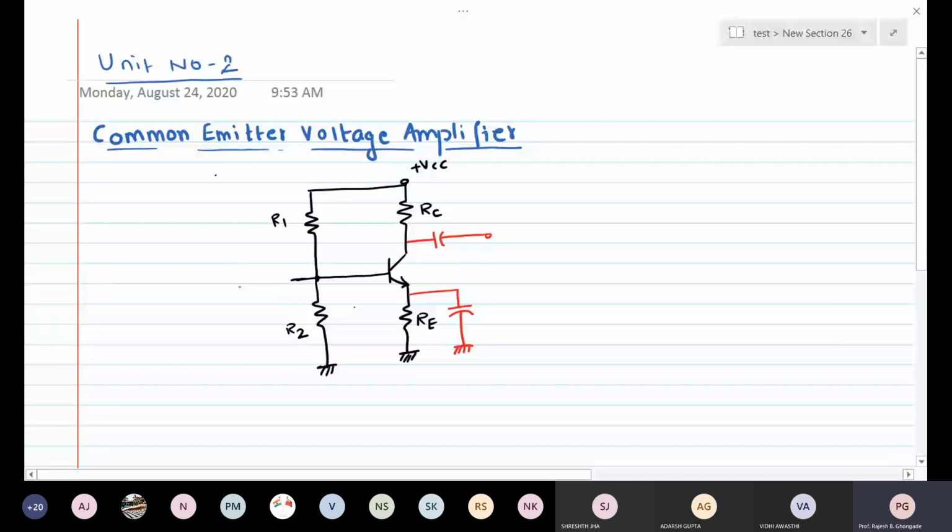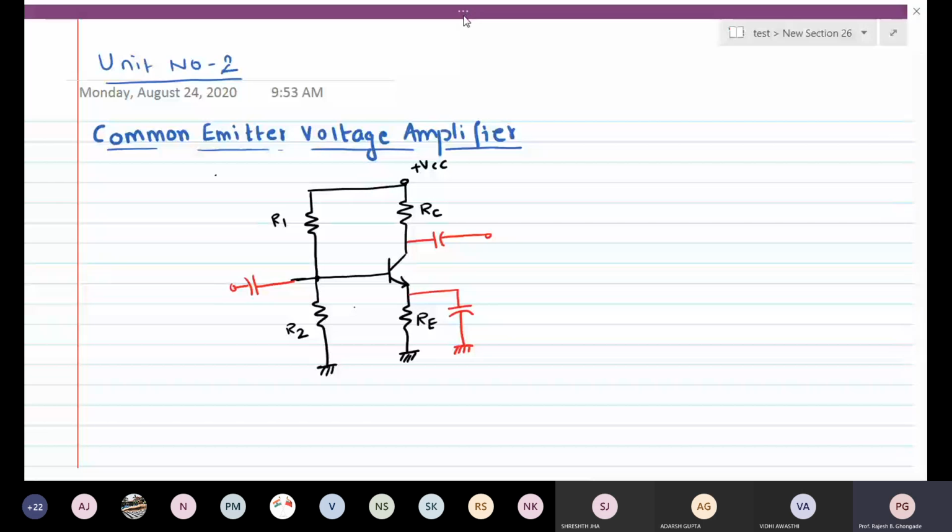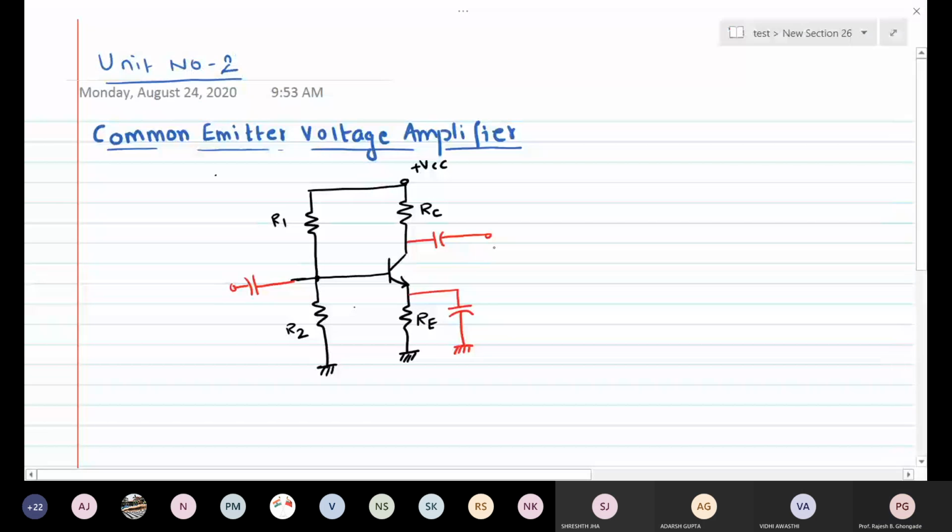We have a capacitor here also. Okay, so this forms the amplifier. Why we are going to have the capacitors like this, we are going to see in a couple of minutes. Of course, we have the load also, which is connected.